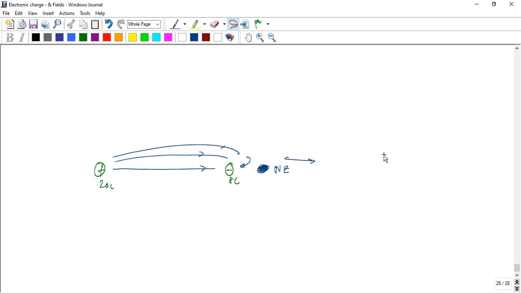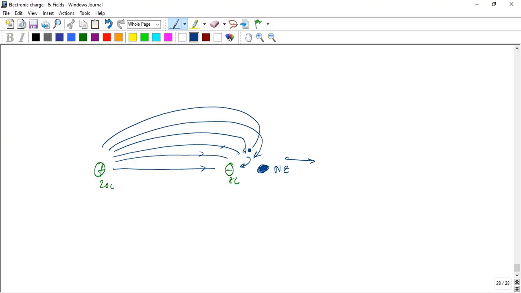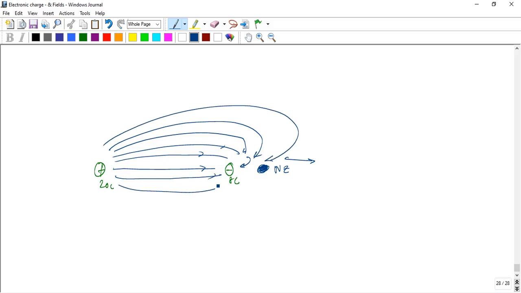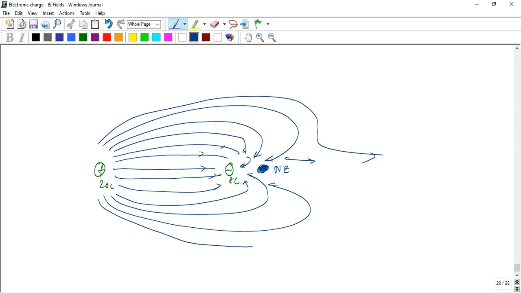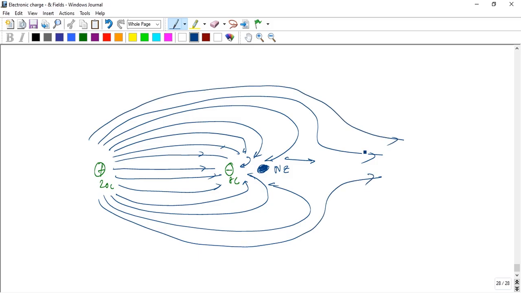And the field lines look like this. That is very important.